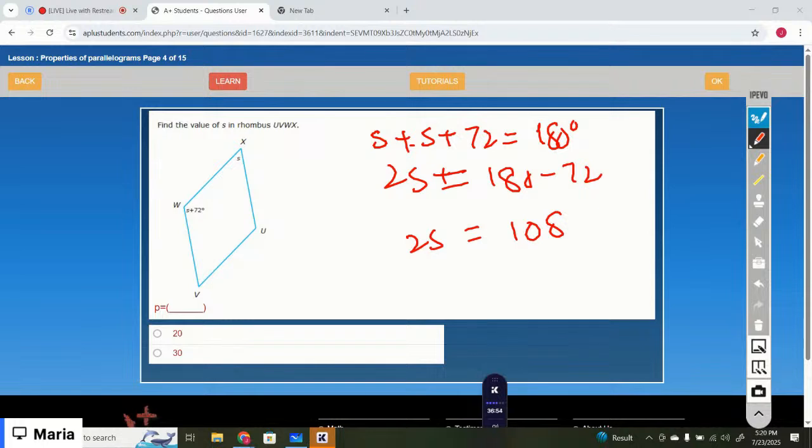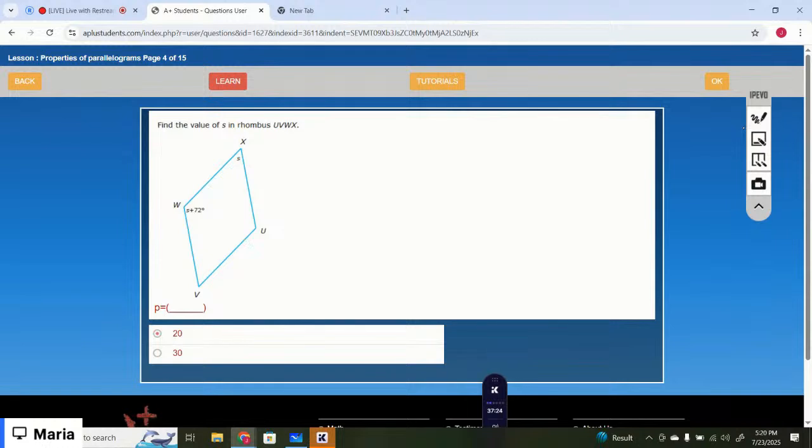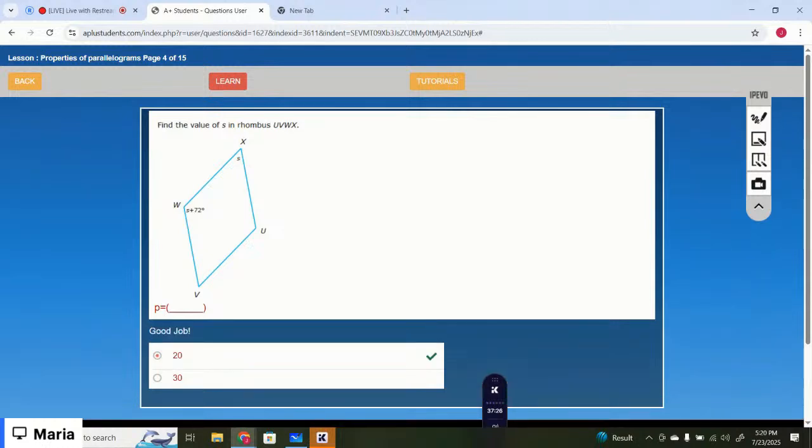So 180 minus 72 is 108, so S equals 54. Okay, you can select any of them.